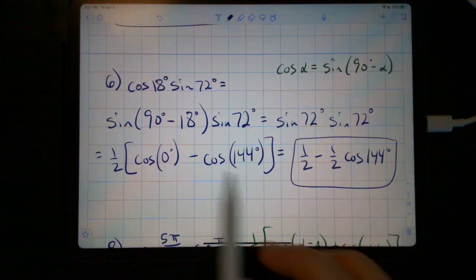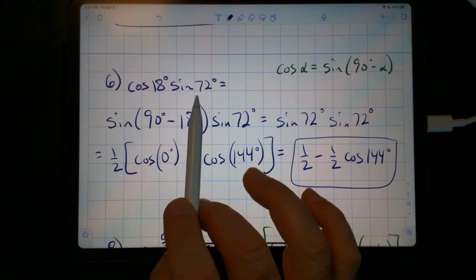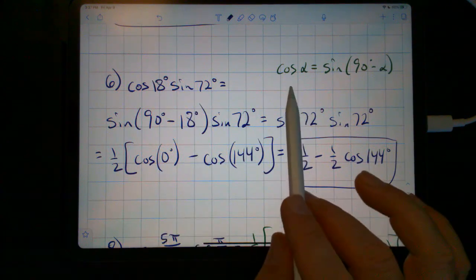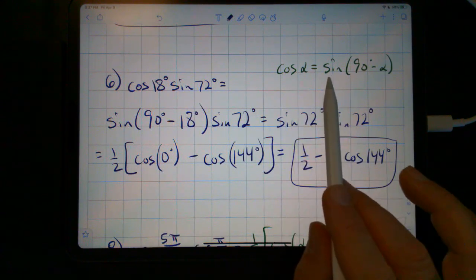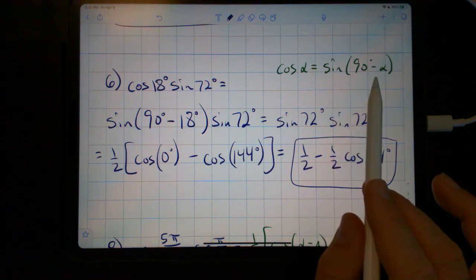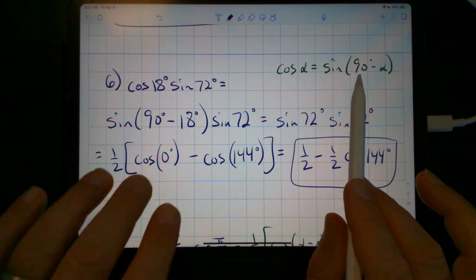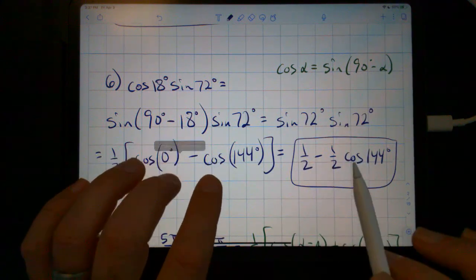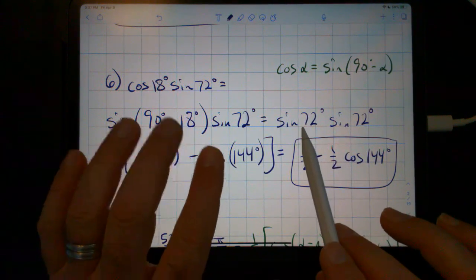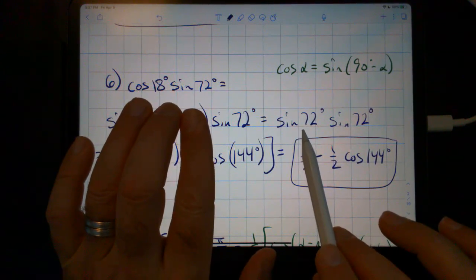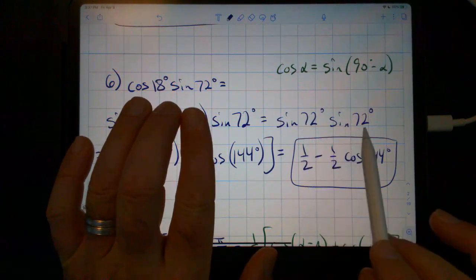Number 6, we have cosine 18 degrees times sine of 72 degrees. One thing we can do with this, cosine of alpha is equal to sine of 90 degrees minus alpha. These are cofunction angles. So what we have, this is the same thing as sine squared of 72 degrees.